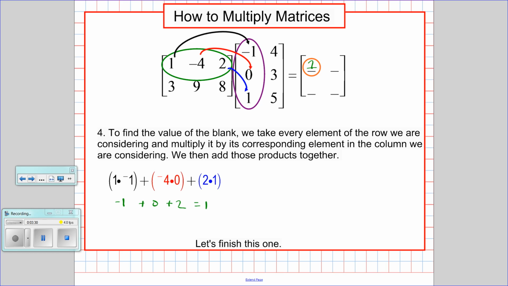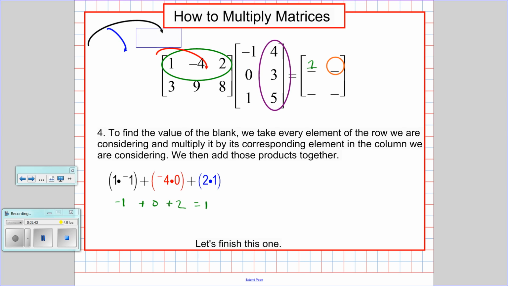If we want to find the top right, we simply use the top row, but now the right column. So our multiplication would look like this. 1 times 4 plus -4 times 3 plus 2 times 5.